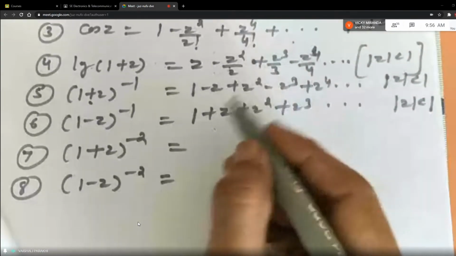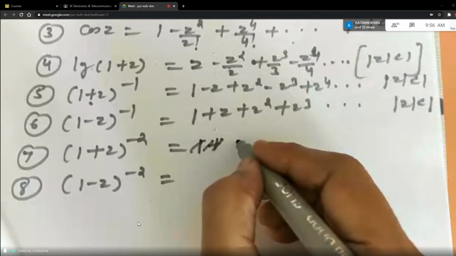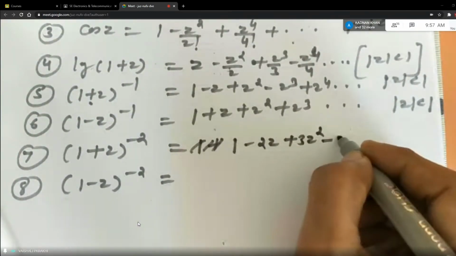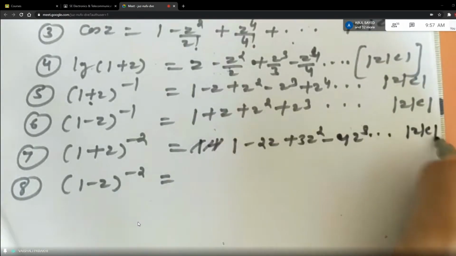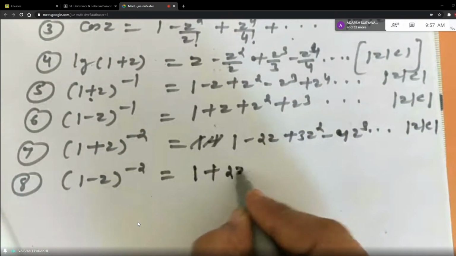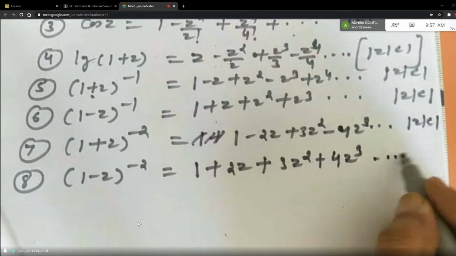Now let me write the series. 1 plus, alternating series as I said. So it will be 1 minus 2z plus 3z square minus 4z cube and so on. And the same condition carries forward. And here it is the same series, but it will not be an alternating series. All terms in the series will be positive.